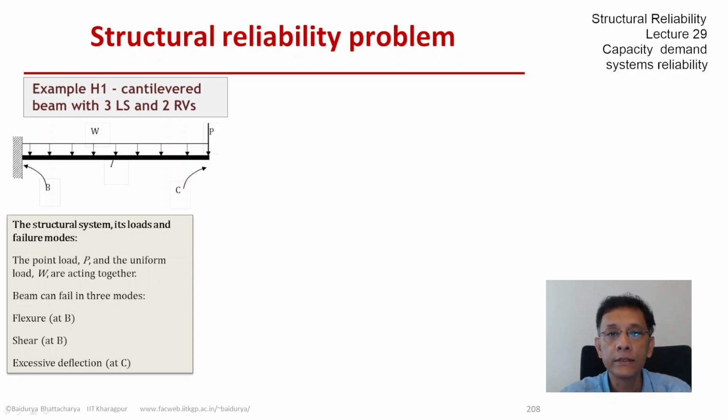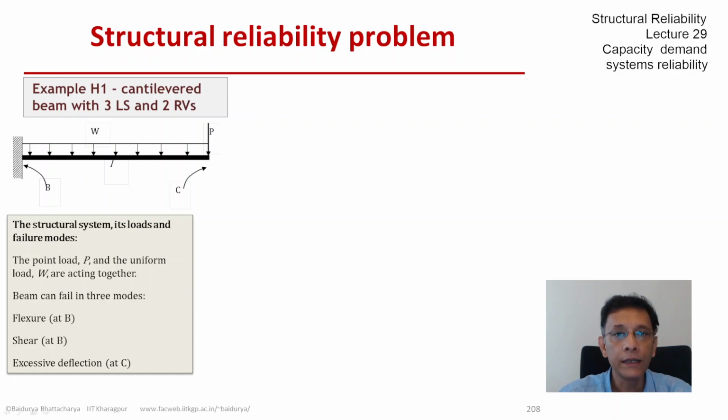And likewise, if shear failure has to occur, it will occur at B, where we have the maximum shear force. Again, and finally, if deflection has to be looked at, the largest deflection will occur at the free end C. So this way, we reduce the dimensionality of the problem considerably.